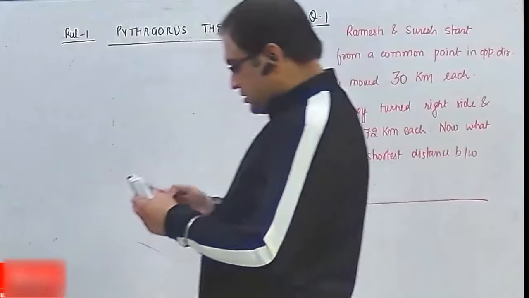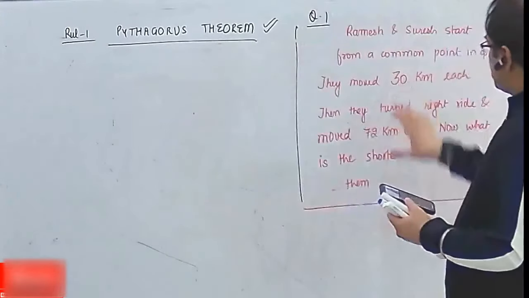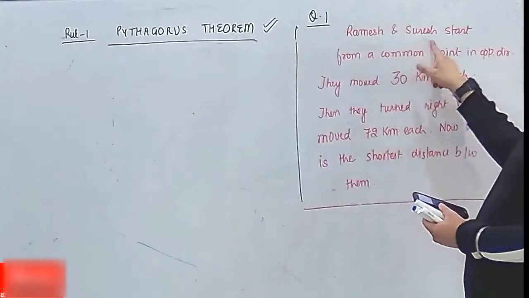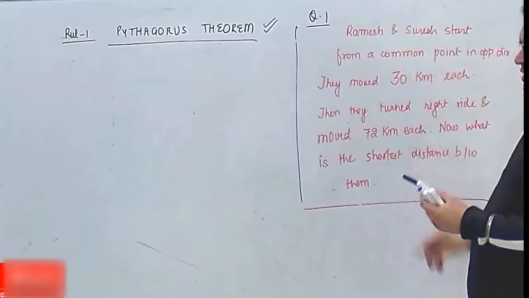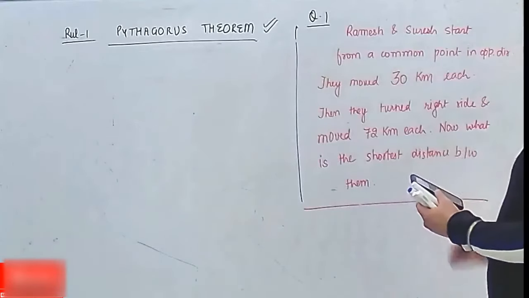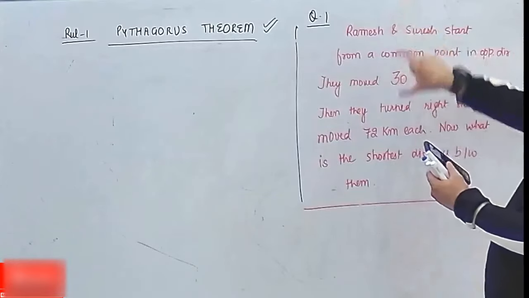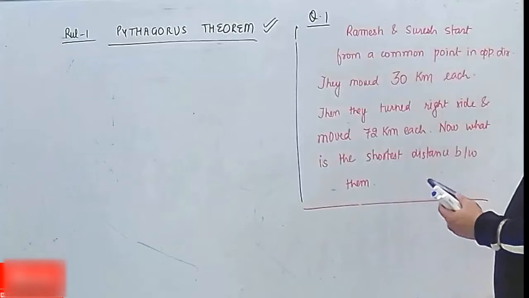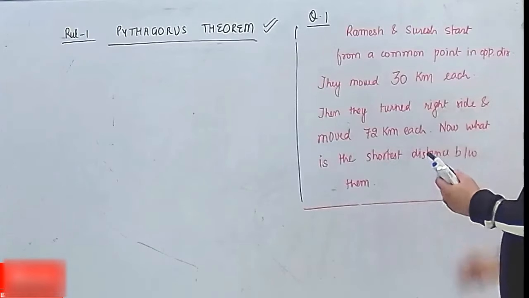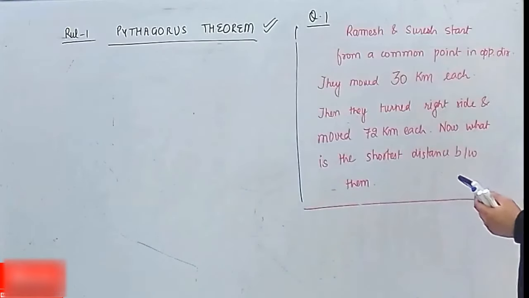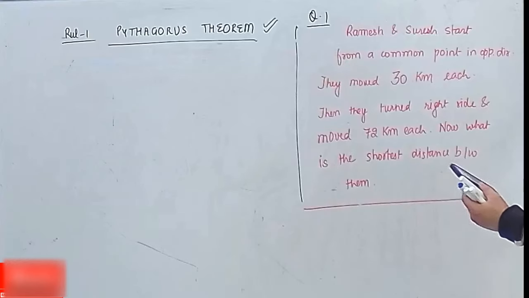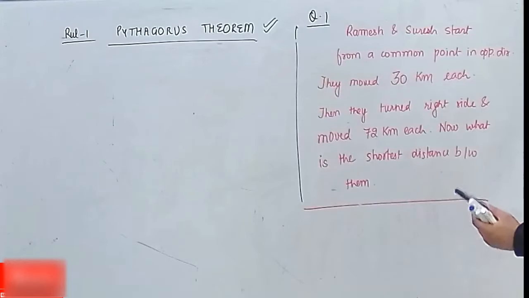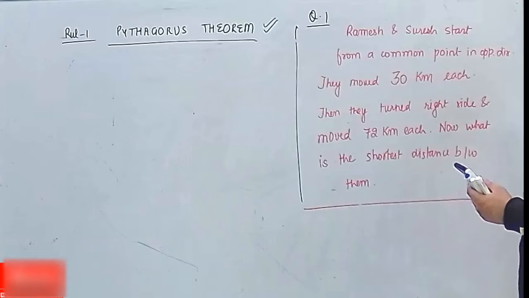Yes, answers please. The first question: Ramesh and Suresh start from a common point and go in opposite directions. That means one is going north and the other maybe going south. They move 30 kilometers each, and after 30 kilometers they turn right and move 72 kilometers each.